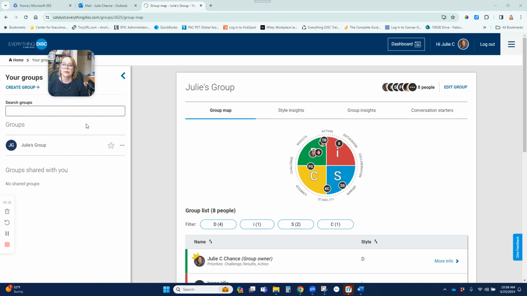And you can see I already have a group built here. If you didn't have a group, you could go up and do Create Group. Or if you had a group already, and let's say you had a group for your department, but you were part of a cross-departmental project team, and you wanted to create a group for that and look at conversation starters for that, you could create a new group there.